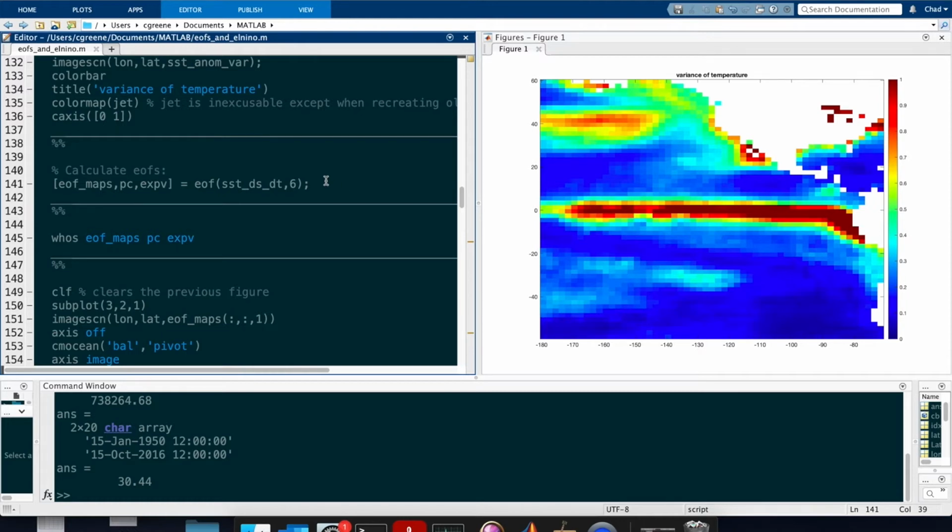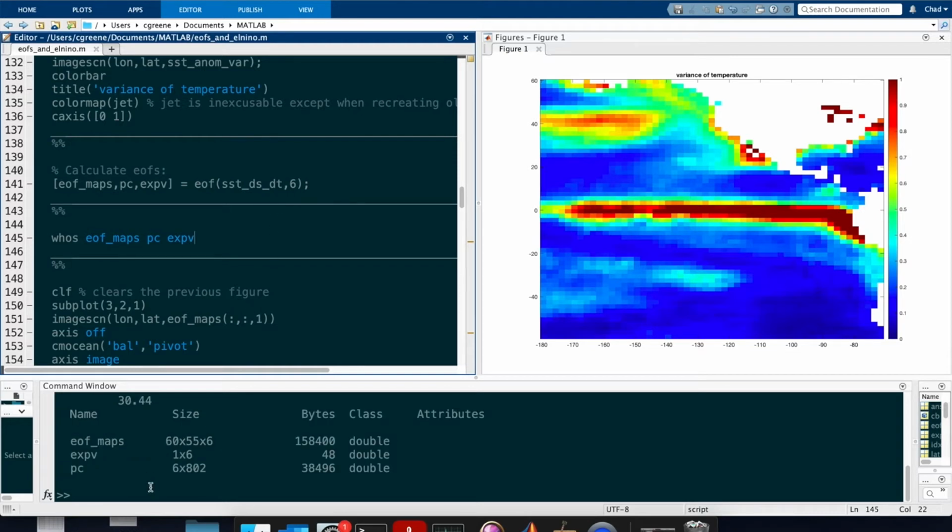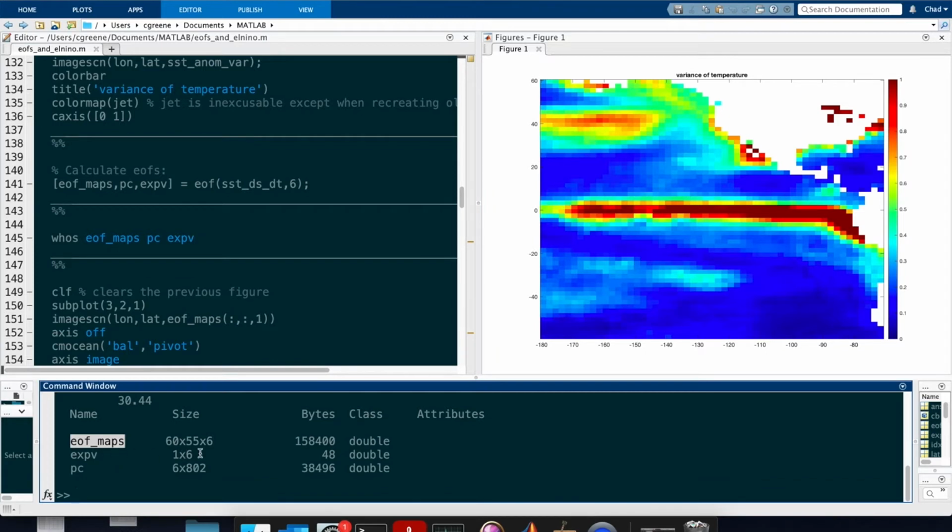So we'll just calculate for this example the first 6. And we'll use whos again just to explore what we have so far. So what this tells us is we have these EOF maps. They're data cubes where the first 2 dimensions correspond to latitude and longitude. And that third dimension is just 6 different modes of variability.